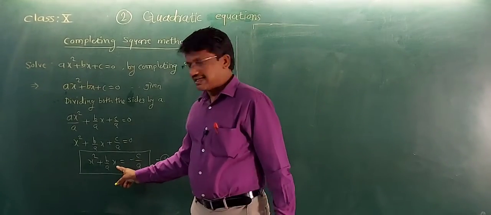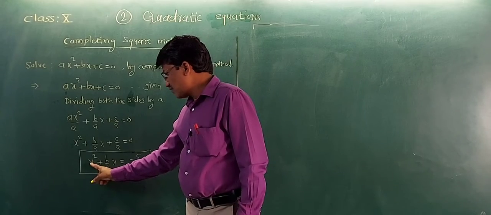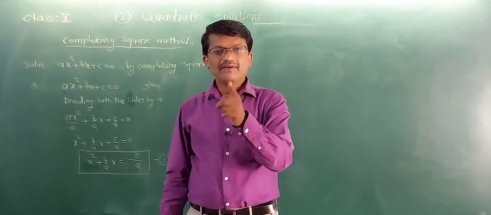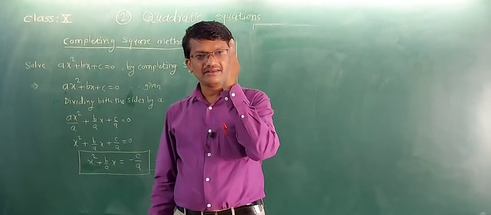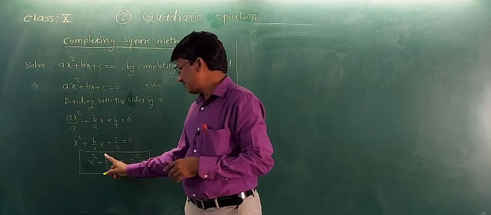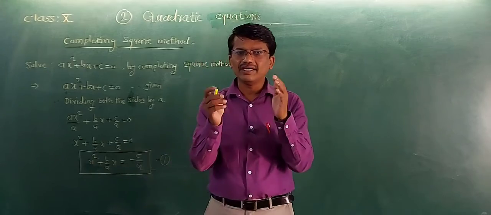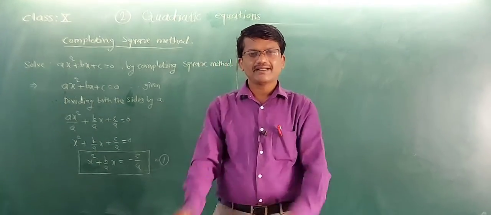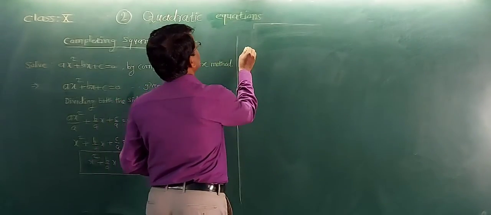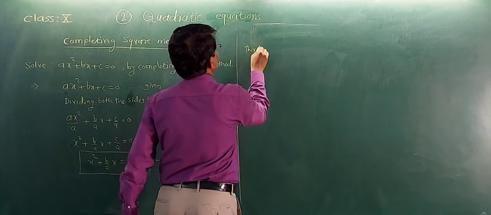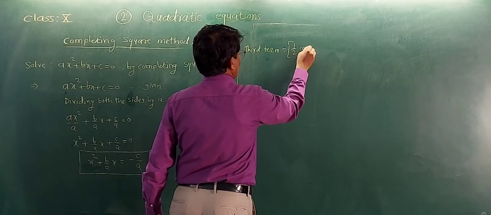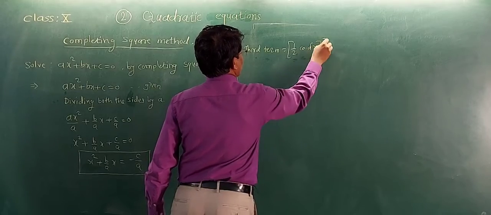Now see the left hand side. The left hand side contains only two terms, but we need the third term. If we find the third term here, that third term, the middle term, and the first term will give us the square of a bracket. How to find the third term? The third term we can find by using this formula: the third term is equal to 1 upon 2 times the coefficient of x, whole square.